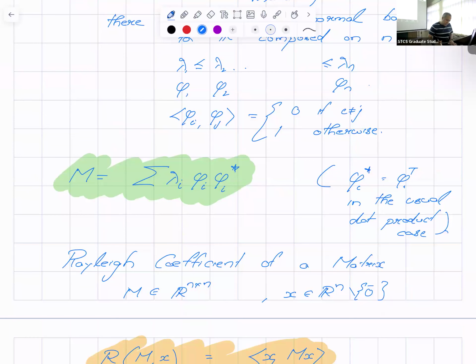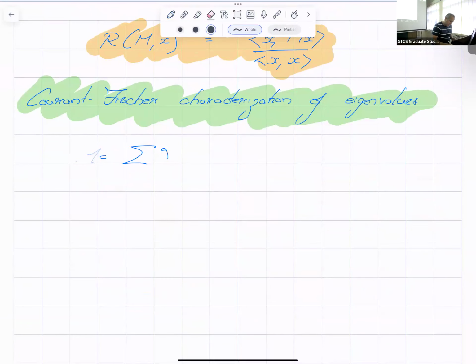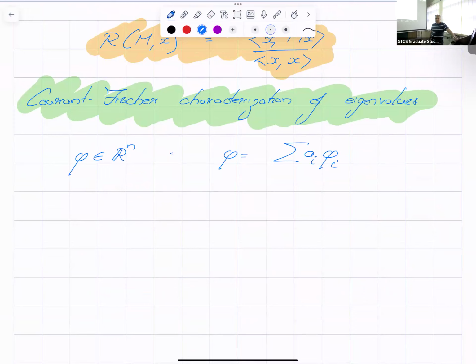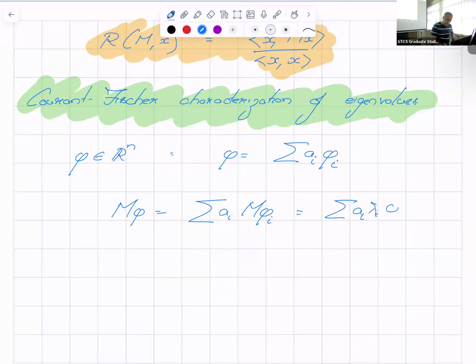Suppose I give you any vector phi. I can always write it in the eigenbasis as the sum of a_i phi_i. Then what is M phi? M phi is the summation of a_i M phi_i, which is just a_i lambda_i phi_i.